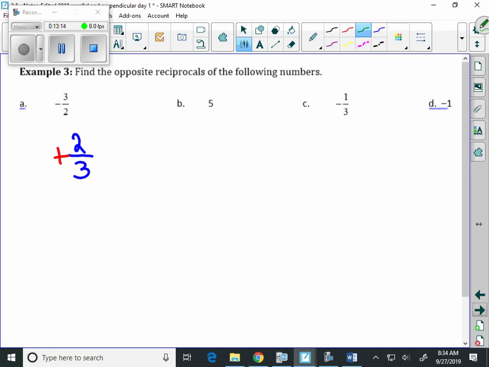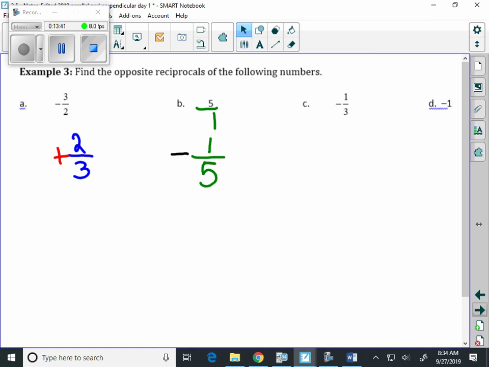Remember that 5 is 5/1. So when we find the reciprocal, we're going to flip that value. So it's going to become 1/5. There's the flip. And then the opposite is we're going to change the sign. So 5 and negative 1/5 are reciprocals.